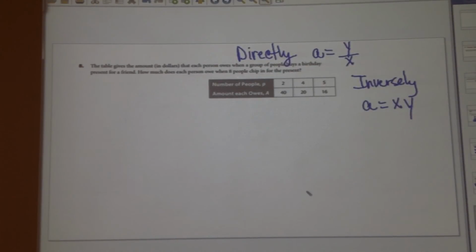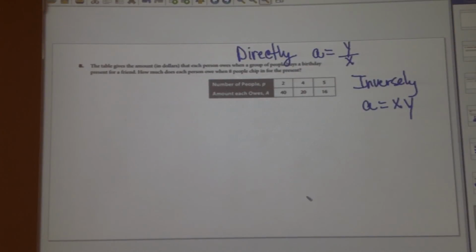So my formulas: directly, A equals y over x. Inversely, A equals x times y.